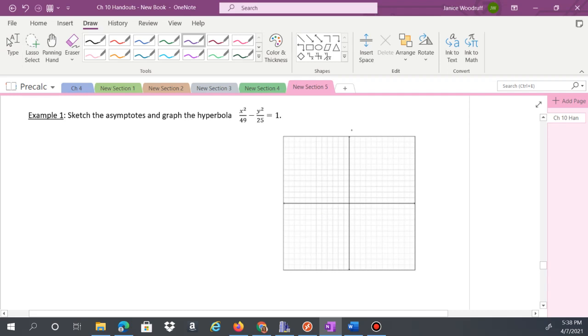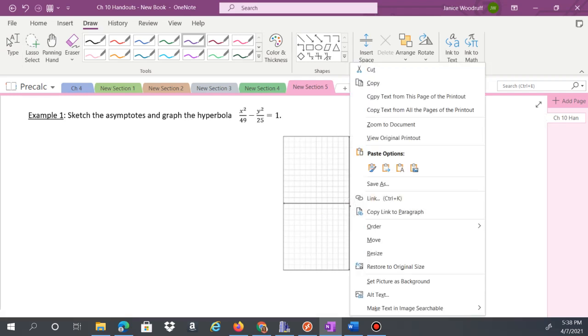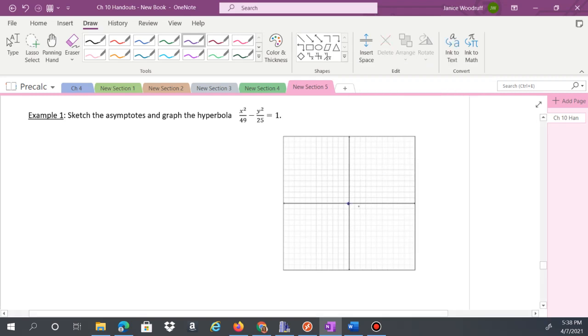Because we don't have the h and the k, and this is what we started with, our center is going to be right here at 0, 0. Then we note that x squared comes first. So we're in this formula here, x squared over a squared minus y squared over b squared equals 1.